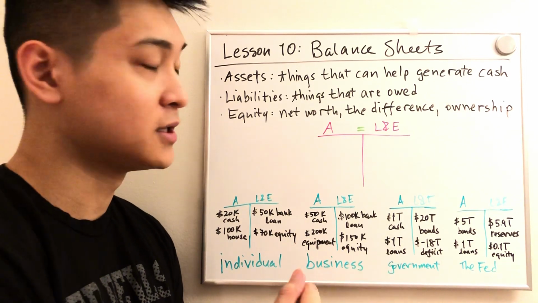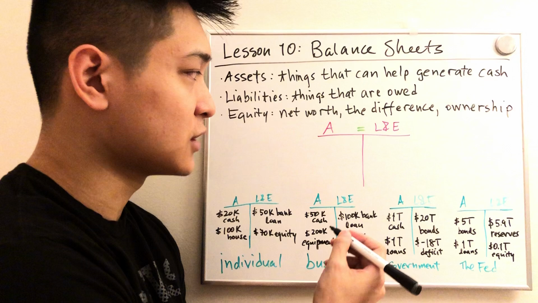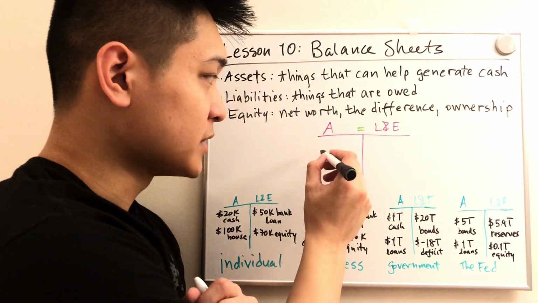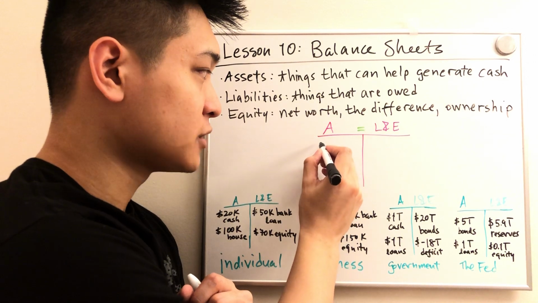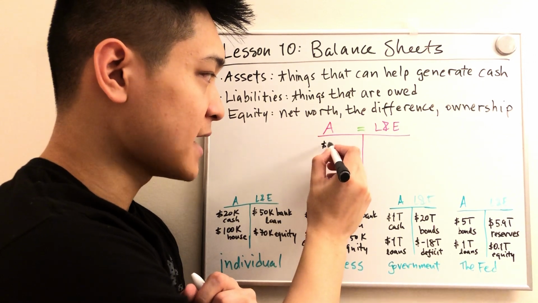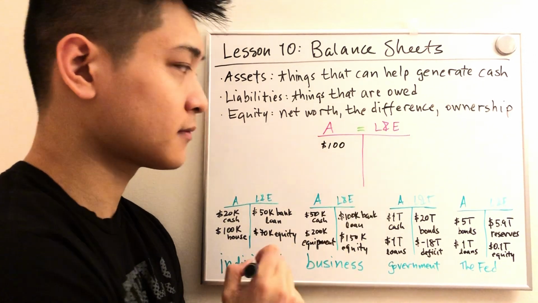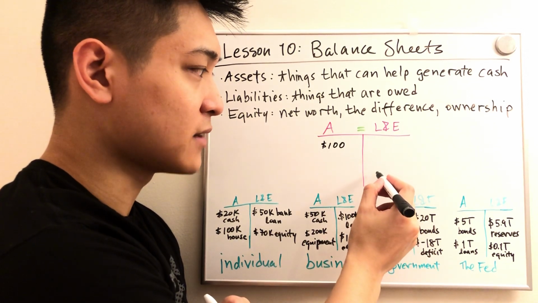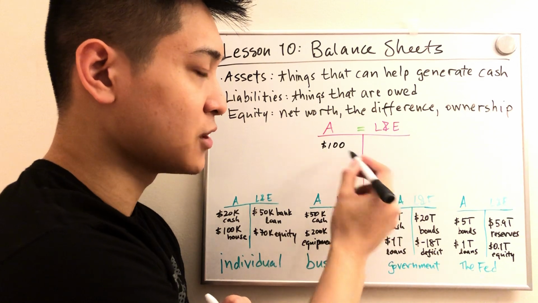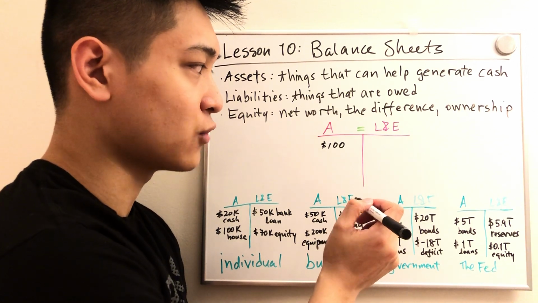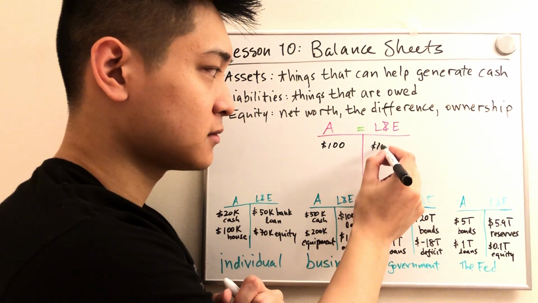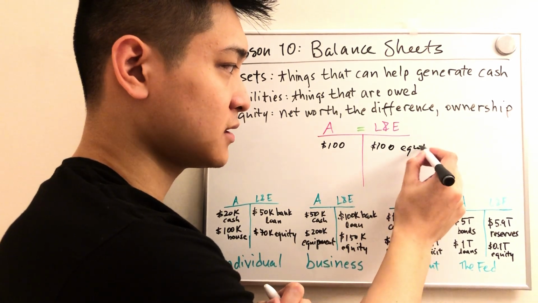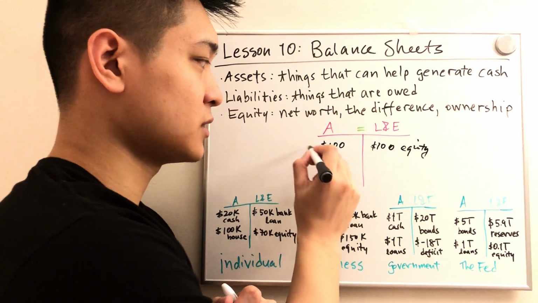Suppose it's my first job. And I've earned $100 at the end of the first month. What I would see is cash of $100 here, my assets in cash, and then an equal amount in my ownership, because I own that cash outright. So that would be $100 in equity and $100 in cash.